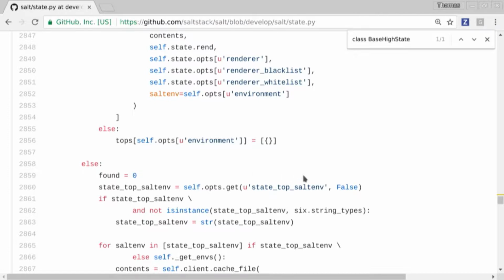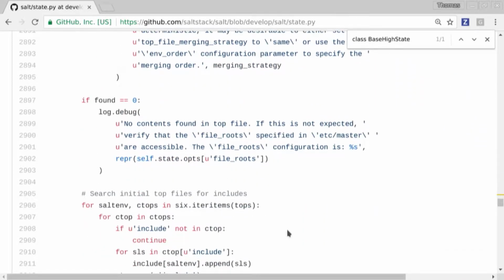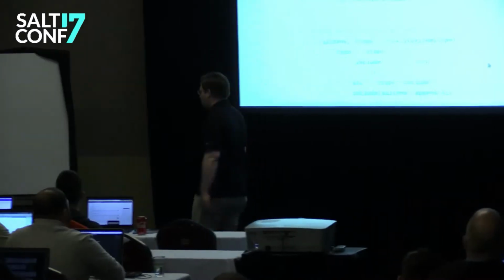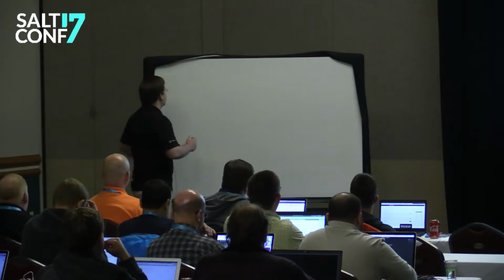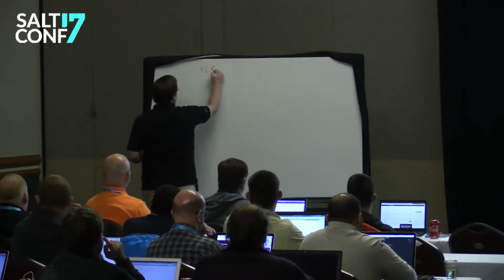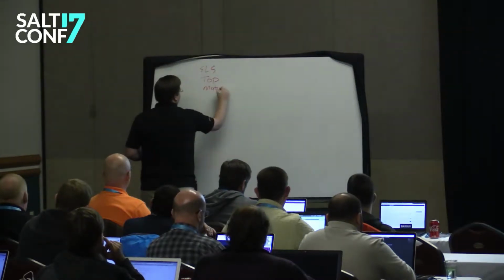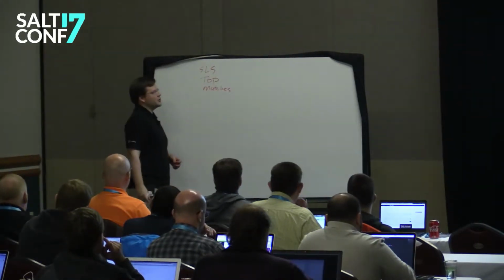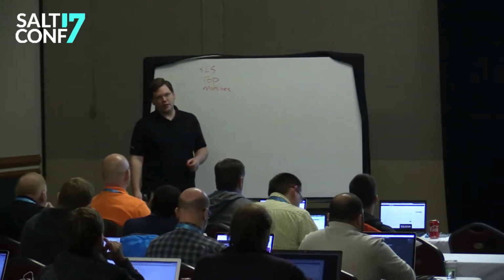Now, after we've got that top file, what we're looking at is that we create something called the matches array. The matches array is a list of the top-level SLS references that we're going to be downloading from wherever the file client is.